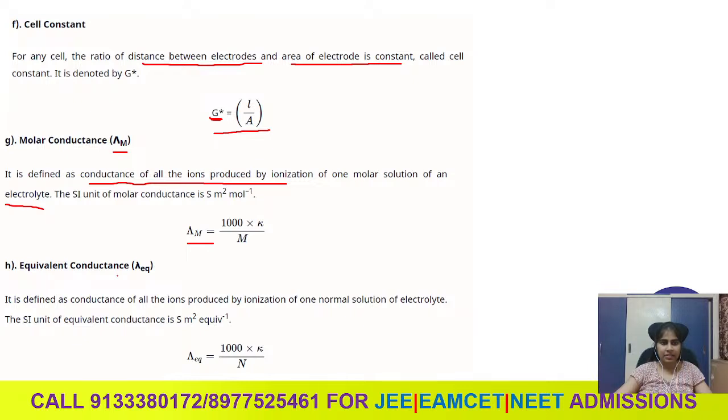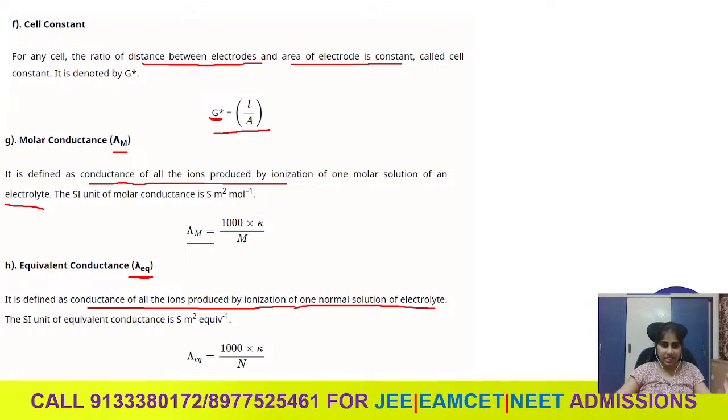And next, equivalent conductance, that is lambda equivalent. It is defined as the conductance of all the ions produced by ionization of 1 normal solution of electrolyte. In molar conductance we talk about molarity, and in equivalent conductance we talk about normality.